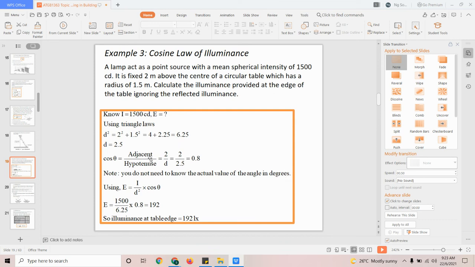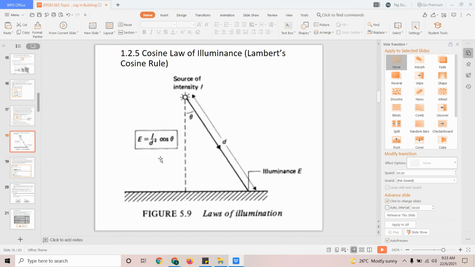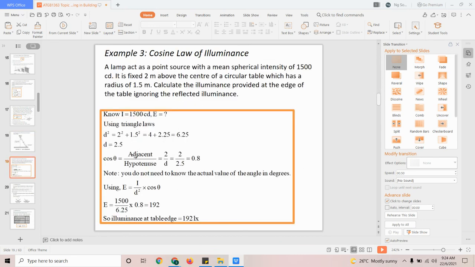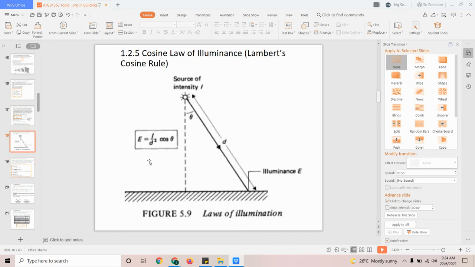What you can do here is use the trigonometry law, where cos theta equals adjacent over the hypotenuse. These are the sides of this triangle. Your adjacent is 2 meters, which is the height of your light source to your table.